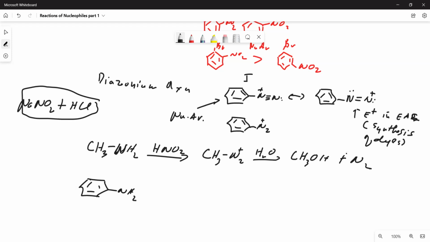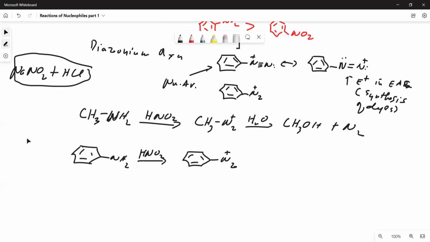That's why for synthetic importance, the diazonium salt is usually produced from aromatic amine, because the resulting product is quite stable. So if you react this with nitrous acid, you will have the diazonium salt. And you notice in the first reaction for aliphatic diazonium, the nitrogen gas easily leaves the carbon.